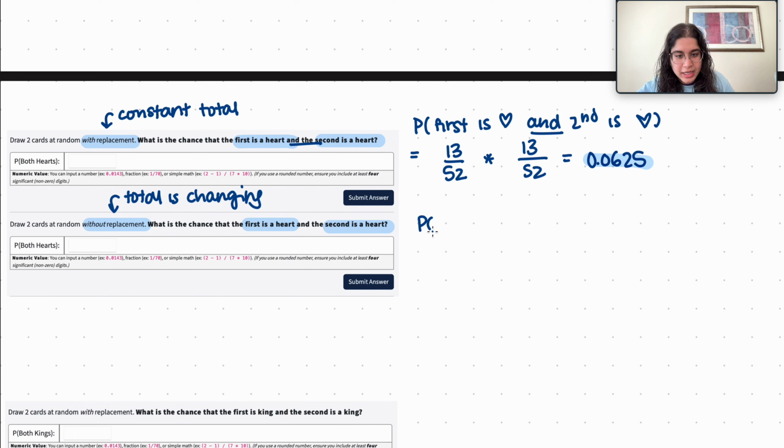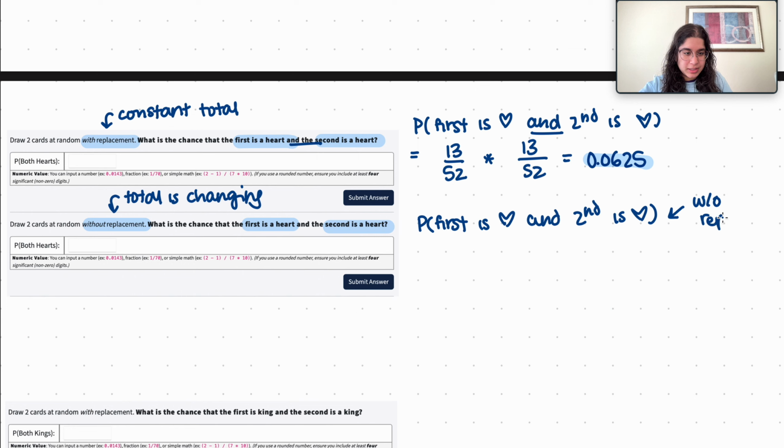Again, my probability statement is going to be very similar to the first question: the first is a heart, and the second is a heart, except this time it's without replacement. So I know that my total number of cards is changing. The probability that the first card I pick is a heart is still 13 out of 52. I start with a full deck of 52 cards, and I know 13 of them are hearts.